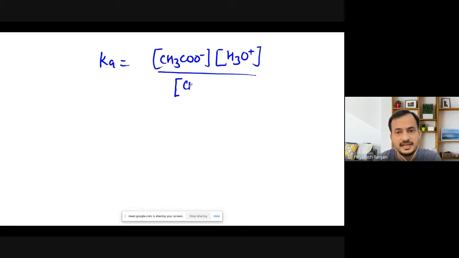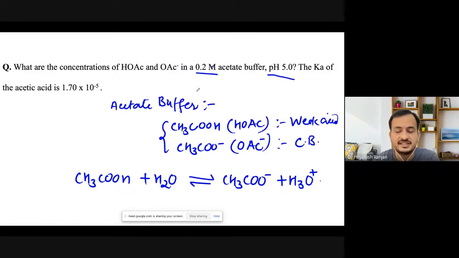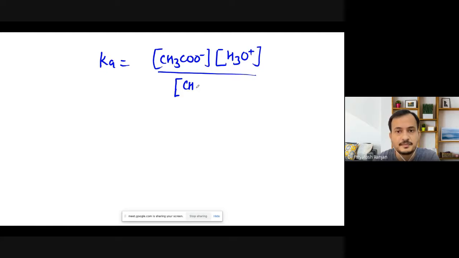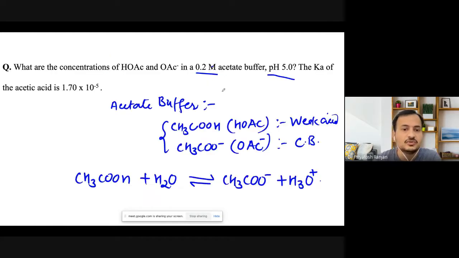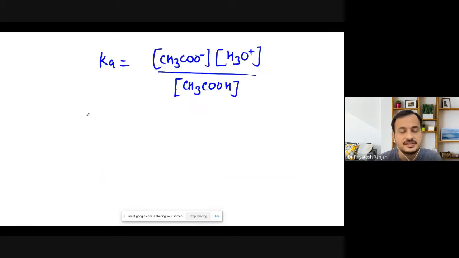I'm neglecting the concentration of water because the concentration of water is not going to change much. We have seen these concepts in our previous lectures. Now the value of Ka is given, which is 1.7 into 10 raised to the power minus 5.